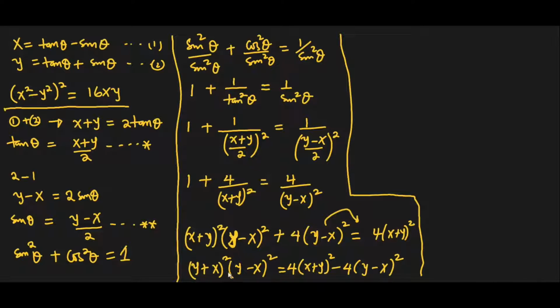From this, we can see that this is a difference of two squares, which basically can be rewritten as (y plus x)(y minus x), the whole of this raised to power 2, and then I can factorize out 4 on the right hand side, and that gives (x plus y) squared minus (y minus x) squared.